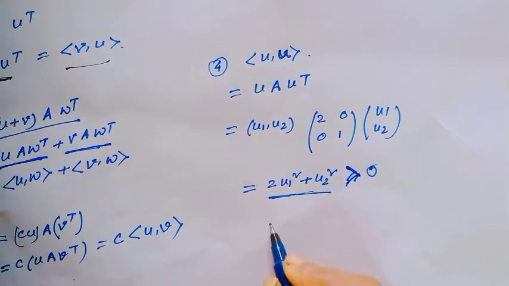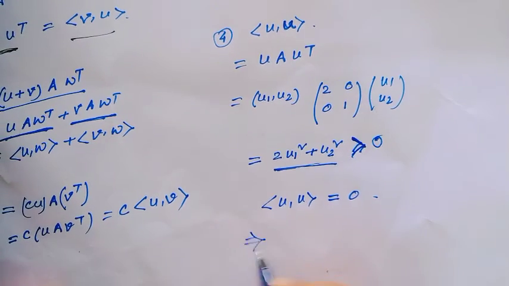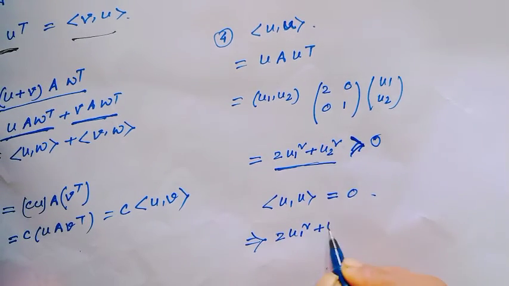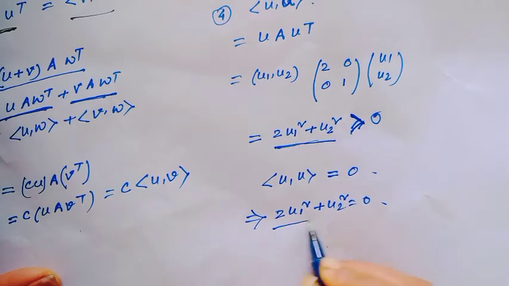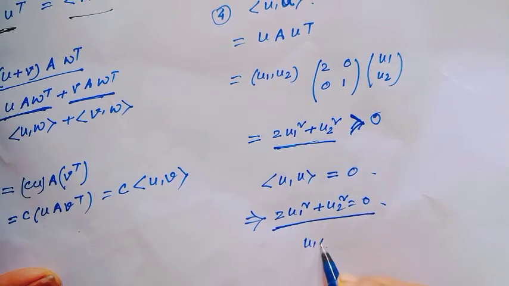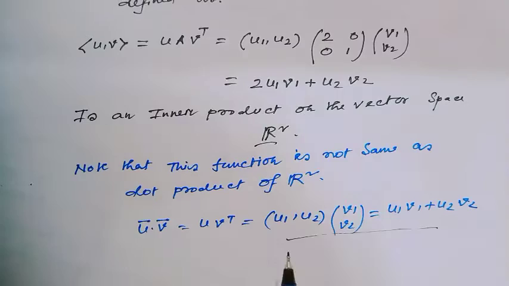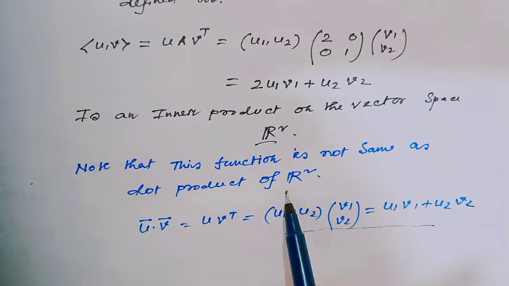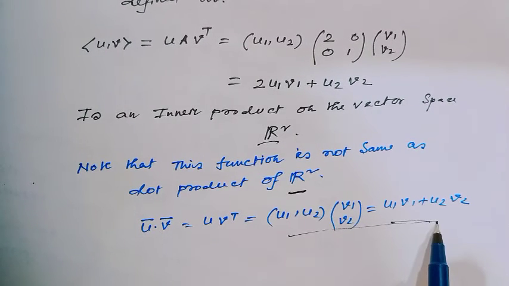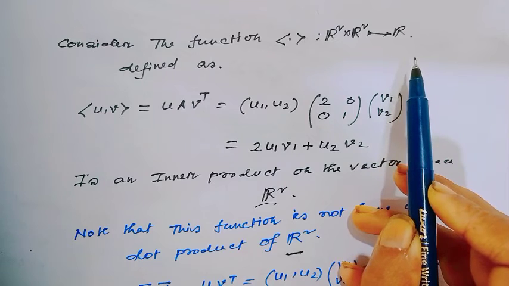And when inner product U with itself is equal to 0, that means 2U1 square plus U2 square equals 0, and this implies obviously U1 comma U2 equal to 0, 0. Are you getting? OK. And this function is actually not the same as the dot product of R2. That means this is a different type of inner product of R2.